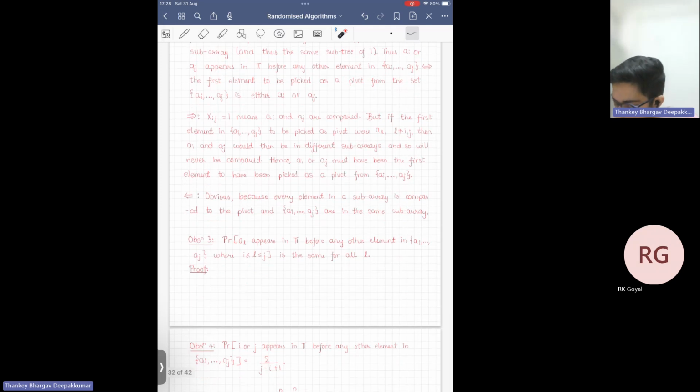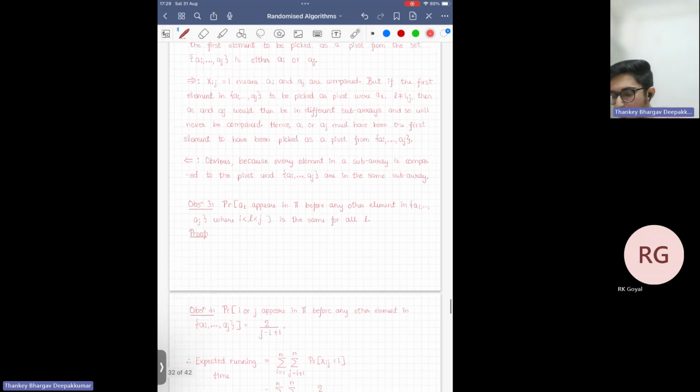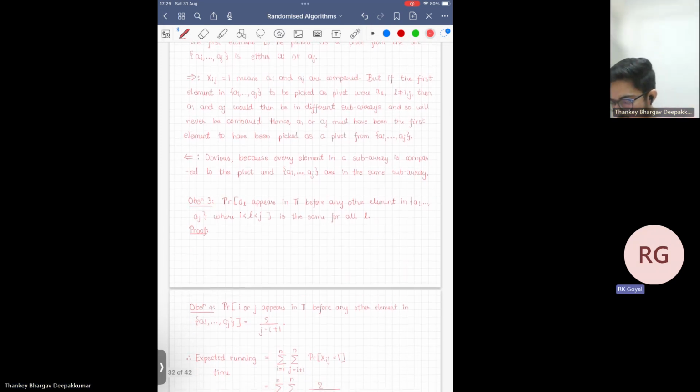The complement is AL appears in pi before any other element in AI to AJ, where L is strictly between I and J. But then why should this be true, that whichever L we select, this is an observation. AL appears in pi before any other element in AI to AJ is the same for all L.